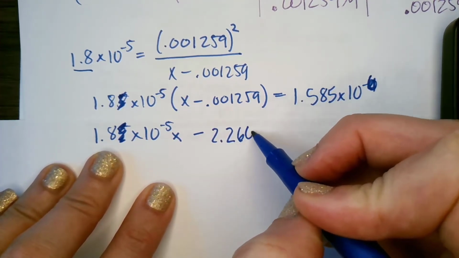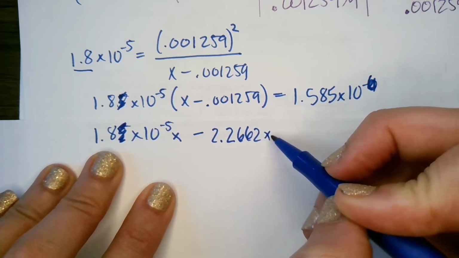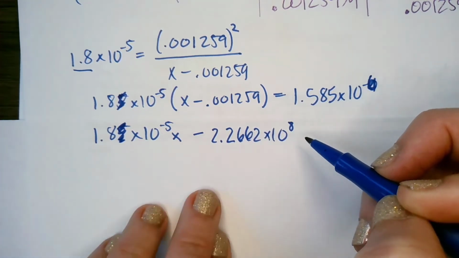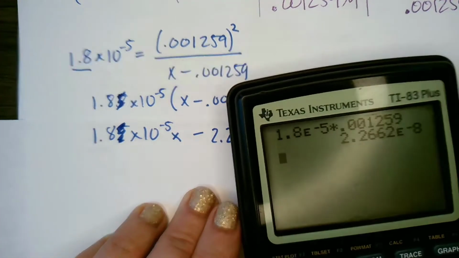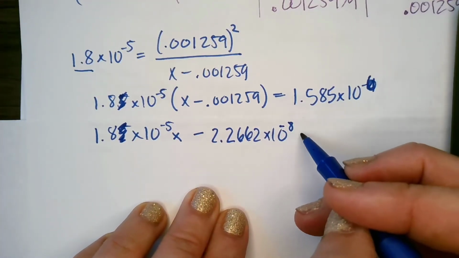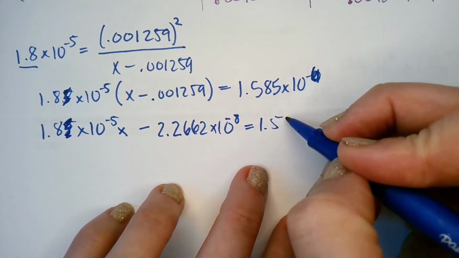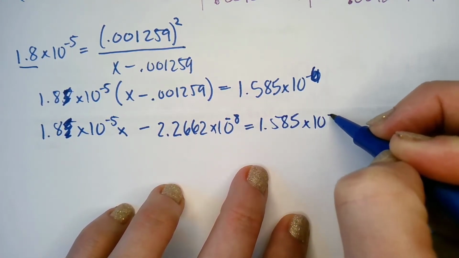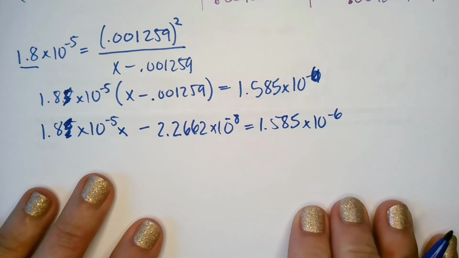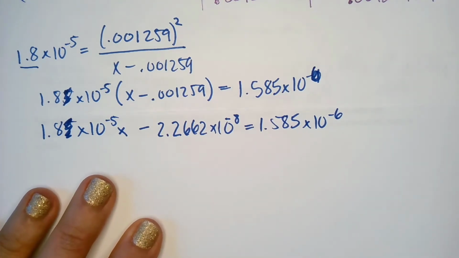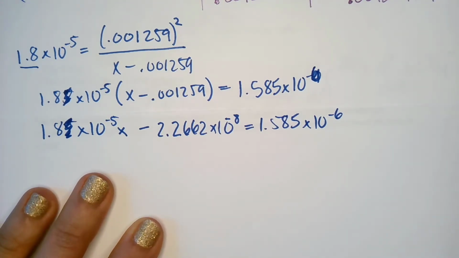So we're subtracting that, 2.2662 times 10 to the negative eighth, is equal to 1.585 times 10 to the negative 6.